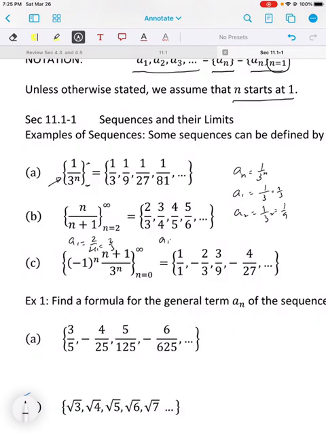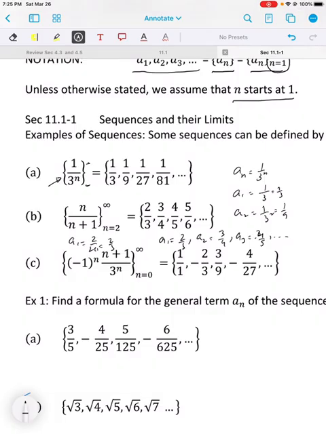So a1 is 2 over 3, a2 is 3 over 4, a3 will be 4 over 5, and so on. Now if the same sequence had started from n equal to 1, then the first term would have been 1 over 2, and the rest of the terms would be the same.